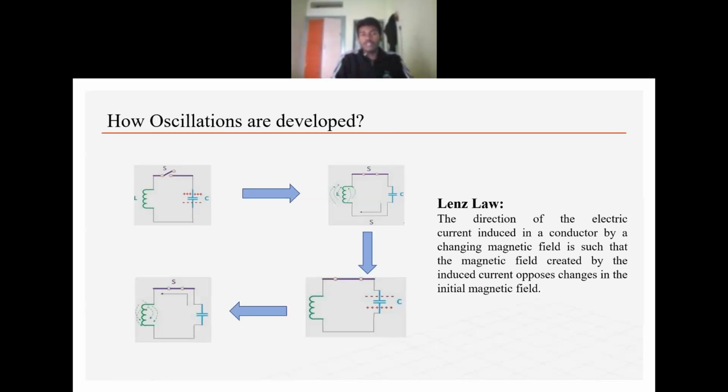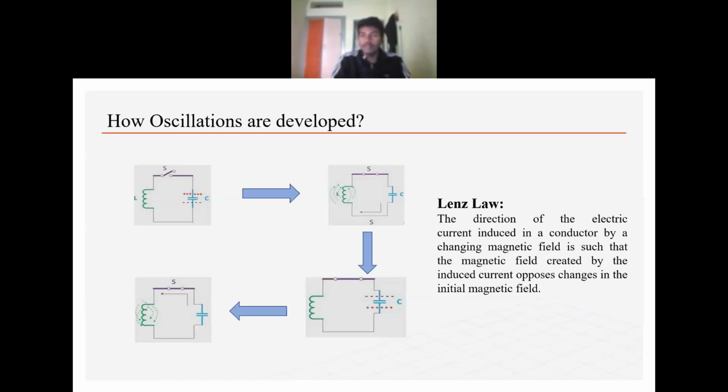First, how are oscillations developed? For example, we'll take a system consisting of only a capacitor and an inductor. Initially, the capacitor is charged and the switch is open. At the very instant when we close the switch, the charges in the capacitor start to transfer, because this is a closed circuit, there will be a potential difference, and the electrons will start to move from the capacitor.